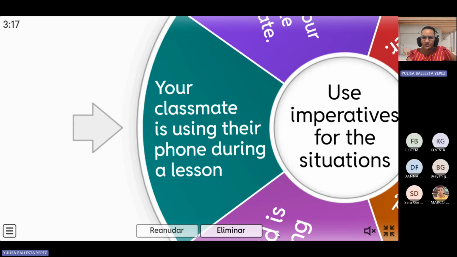Turn off the phone. Yes, maybe turn off the phone. Because when we are in class, if the teacher doesn't say you can use the phone because we're going to play maybe Kahoot or something, you can use it. But if it's not allowed, the most pertinent thing we have to do is turn off the phone and so on.